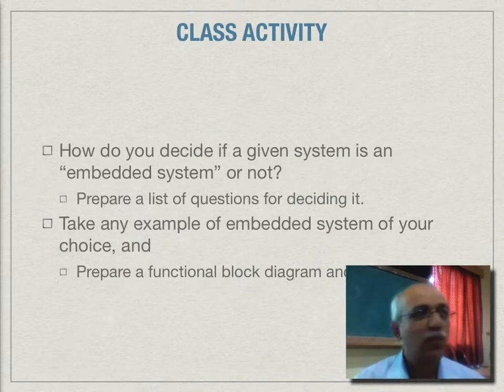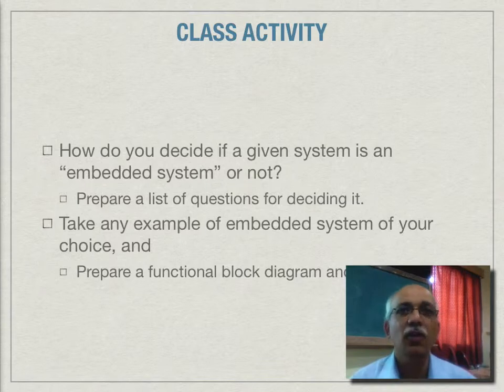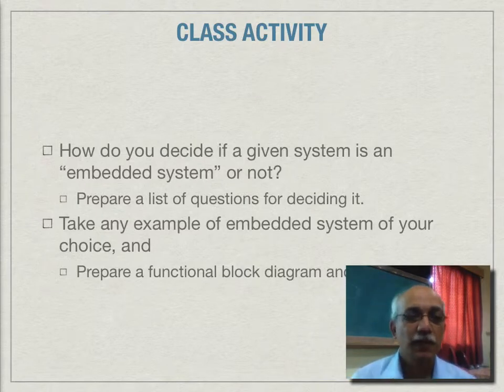For example, a mobile phone has a dedicated functionality of taking a call, helping us to send messages and so on, but nowadays they are so powerful that they can help us in creating a document and what not, right. So, that line is blurred, but by and large we can decide that this has a dedicated functionality. This is the first question.